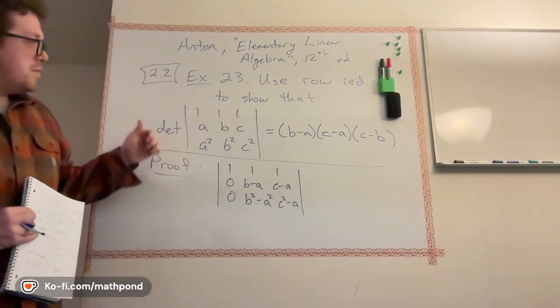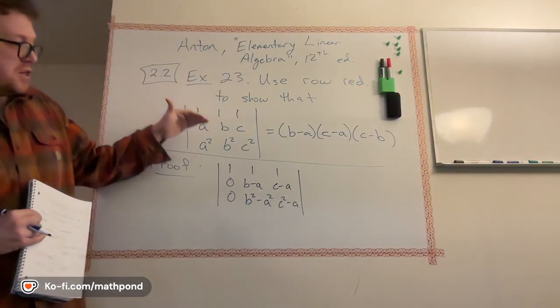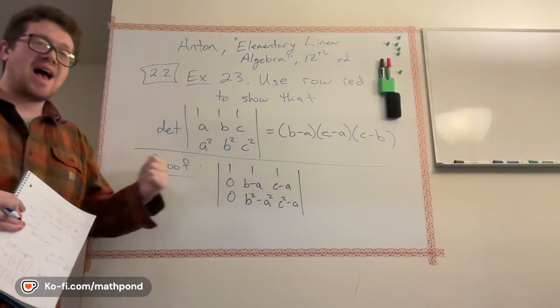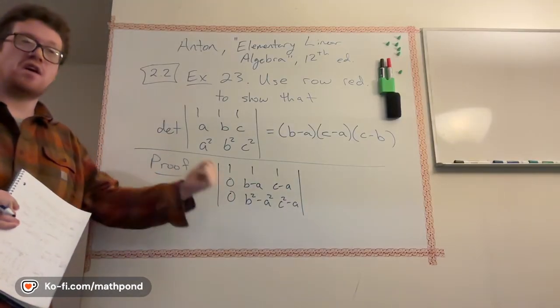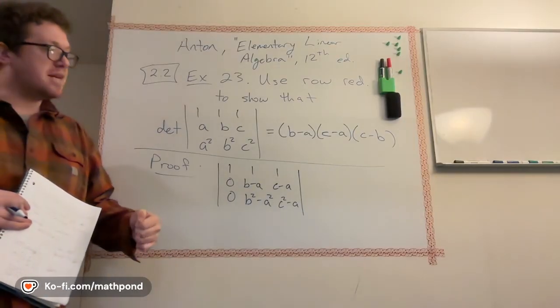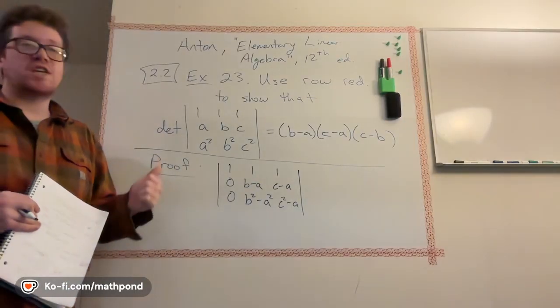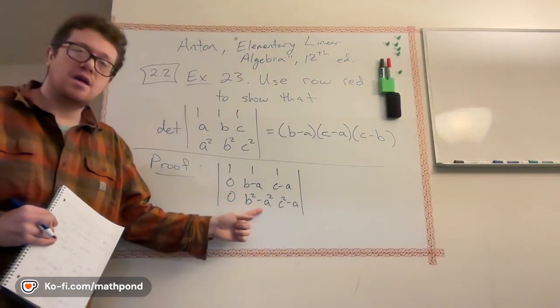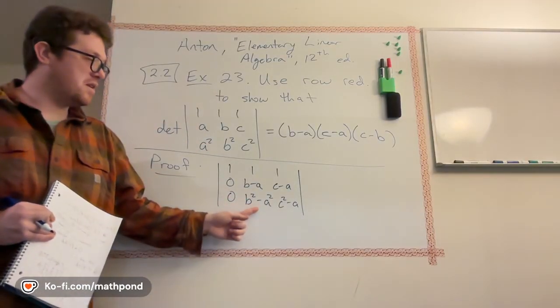Because I went from this matrix to this matrix only by performing row operations, which are adding or subtracting some multiple of another row to a different row, and I said before that these operations don't change the determinant, the determinant of this matrix should be the same as the determinant of this matrix.